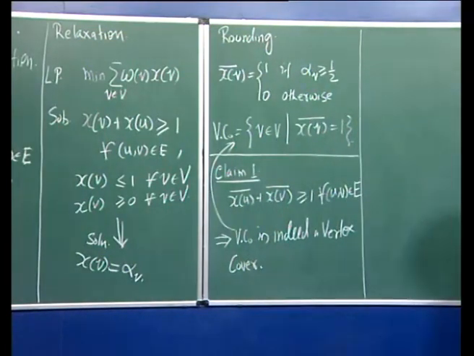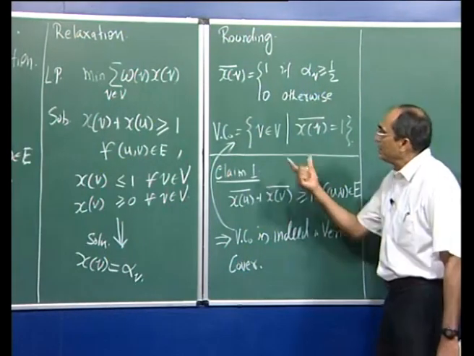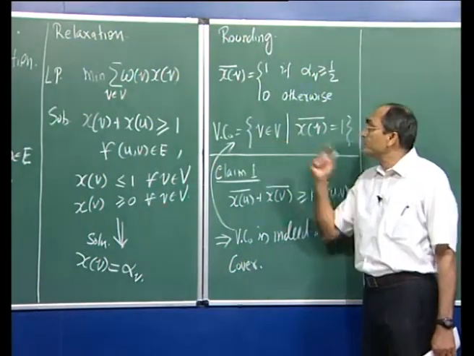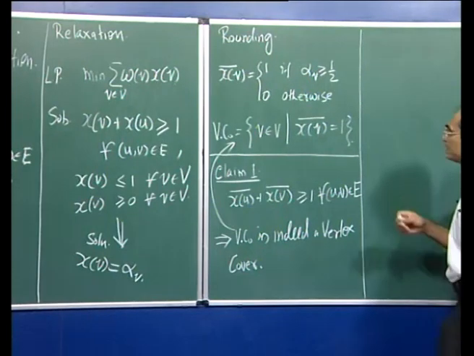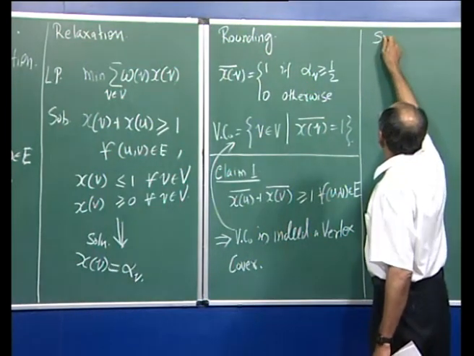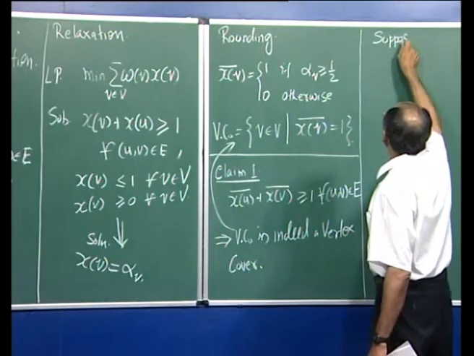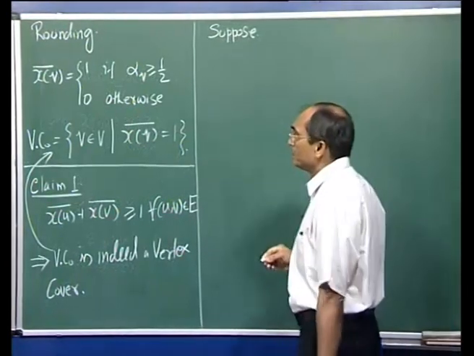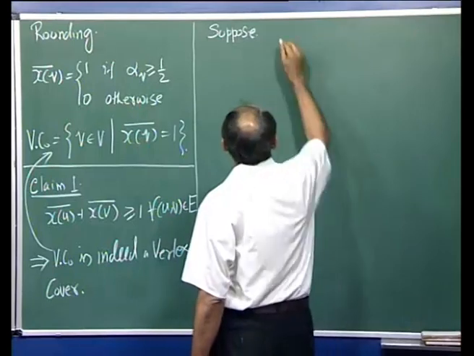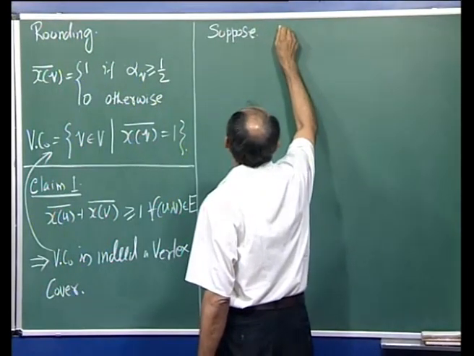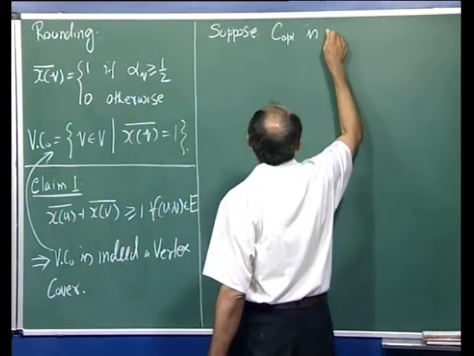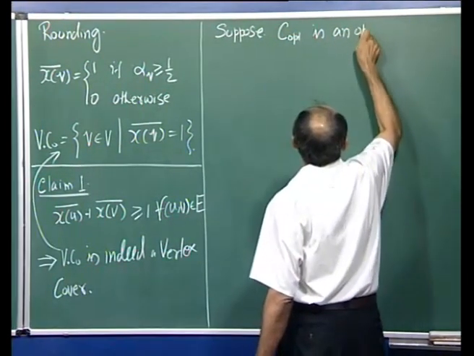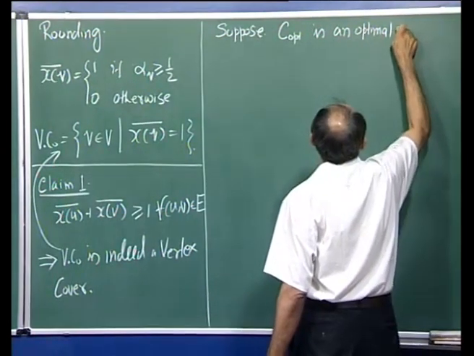Okay. So, we certainly have got an object that we wanted to compute, but how good is it? Well, let us suppose C opt is an optimal vertex cover.